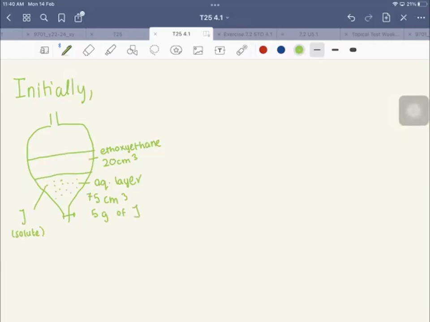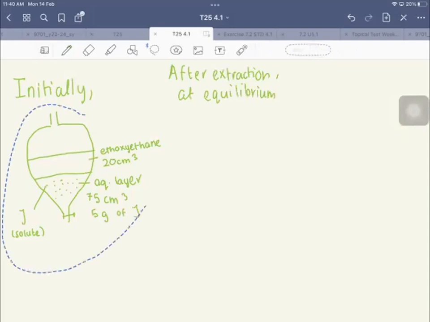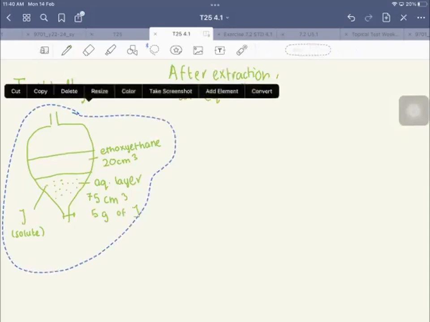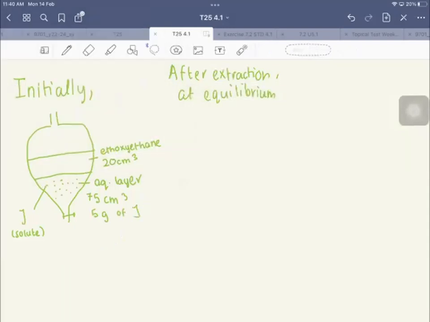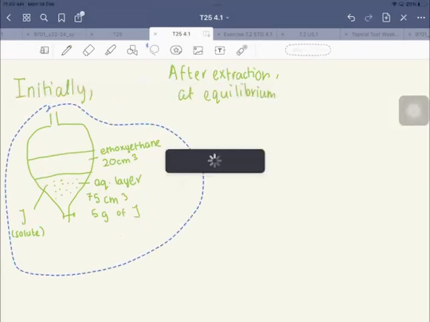Extraction means after mixing them and then distributing the solutes between the two layers, you will then reach an equilibrium where the solute J has spread between the two layers.